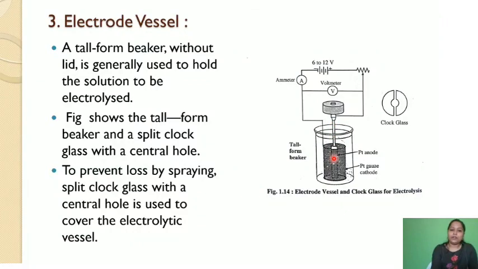To prevent loss by spraying, a split clock glass with a central hole is used to cover the electrolytic vessel. The cathode and anode are dipped through it. This is used to prevent loss by spraying.